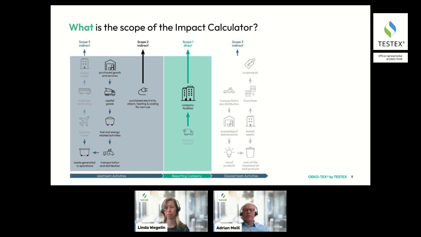Am I right to assume, Adrian, that it's not that we don't think scope 3 is relevant, and we know that you also have to commit to scope 1, 2, and 3 targets, but that we wanted to lay the focus where we can go into more detail?